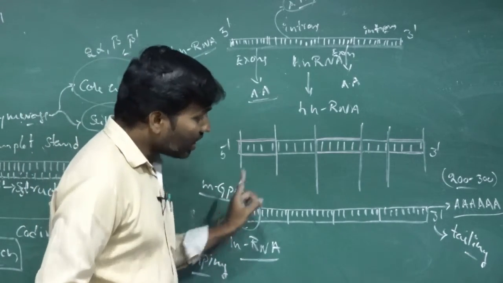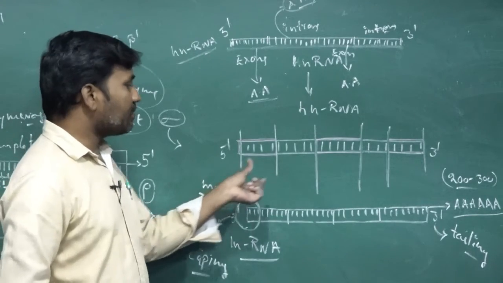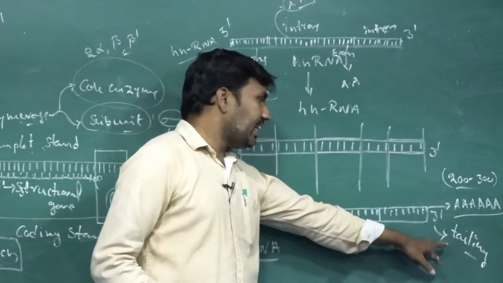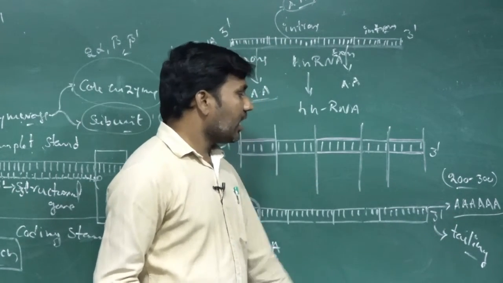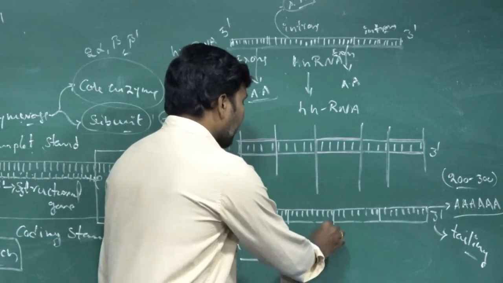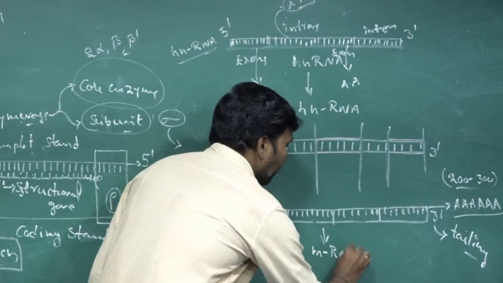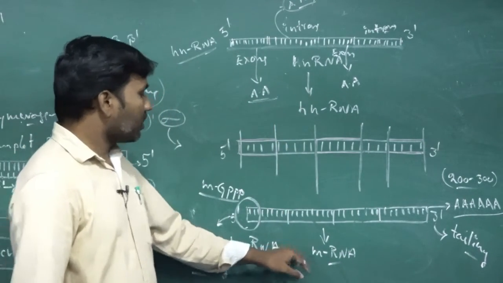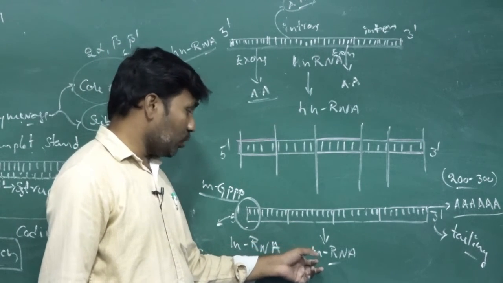Like this, the 5' end and the 3' end are both protected by these specific structures: one is capping and the other is called tailing. At this state, this is the activated mRNA form. This activated mRNA is going to be involved in the further step, translation, in eukaryotes.